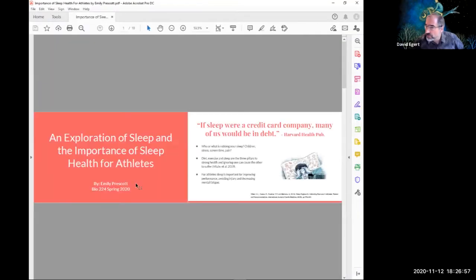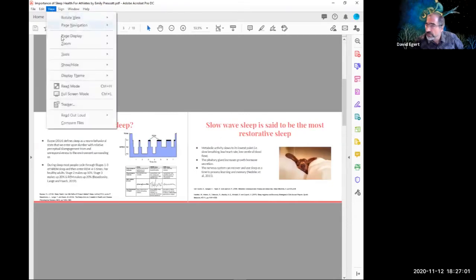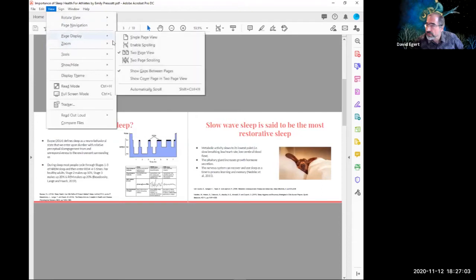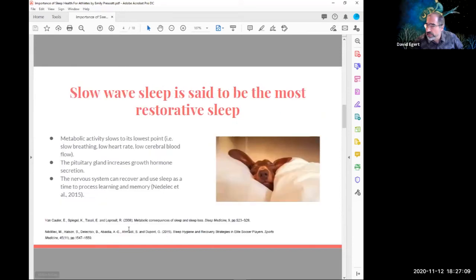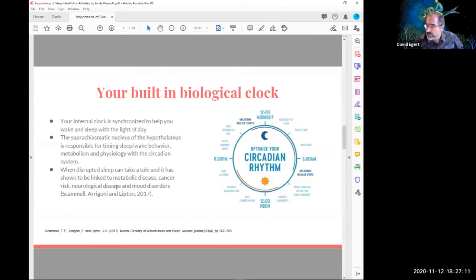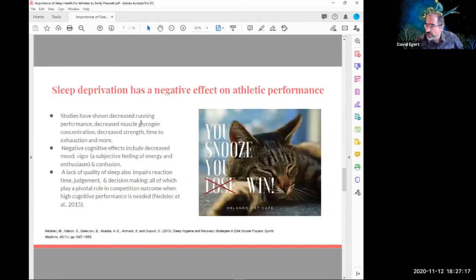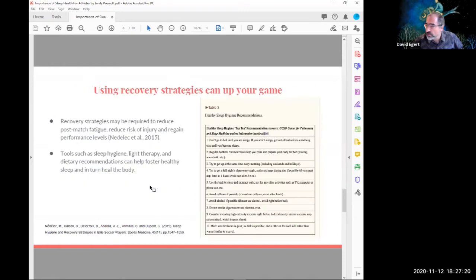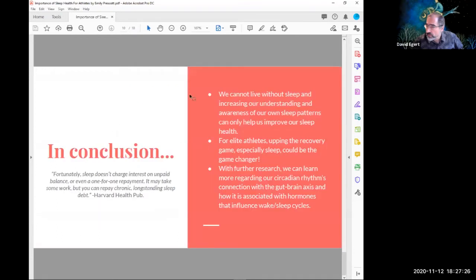Sleep for athletes. Again, here she's talking about what is sleep and giving some background, and then about different kinds. Now here she's getting more specific on sleep deprivation and athletic performance, different things, in the conclusions.